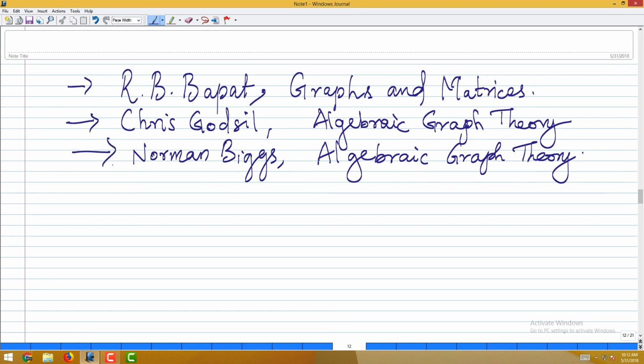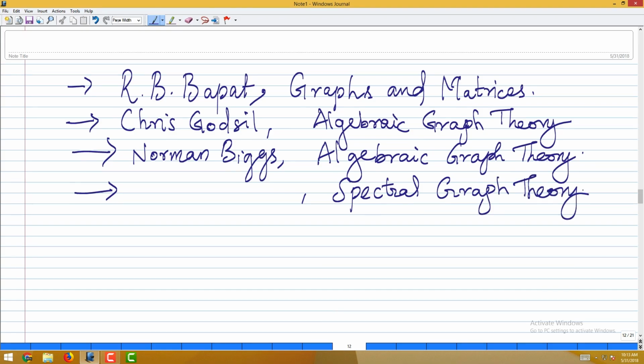And these are about mathematical approaches. If you are looking for exactly the spectral aspects, only spectral properties, there is Spectral Graph Theory by Cvetkovic, Doob and Sachs. It is a three-author book. I forgot their first names, these are their last names.